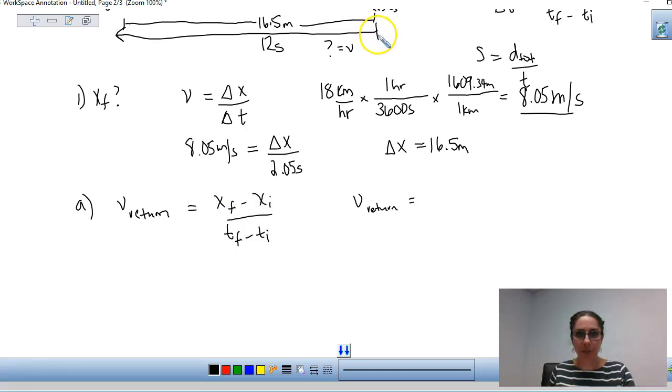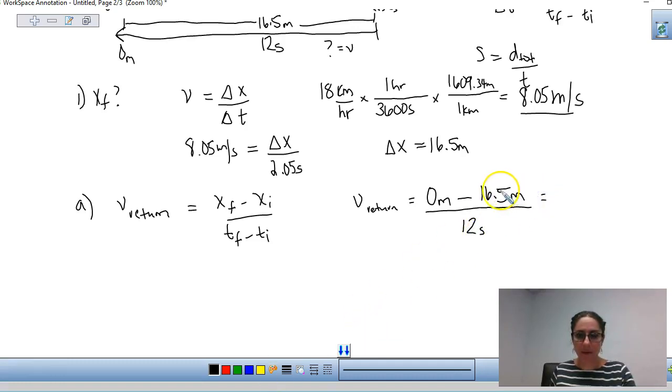I'm going to call this our 0 mark, and this is 16.5. So my final position is 0, my initial is 16.5, and the time it takes is 12 seconds.